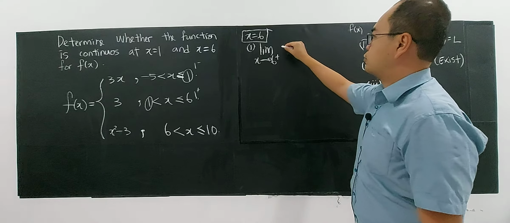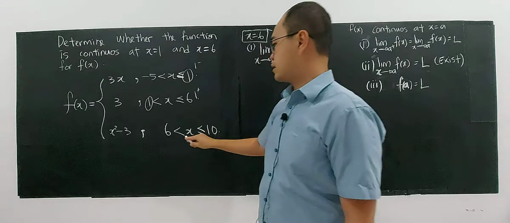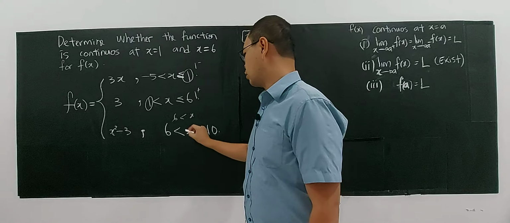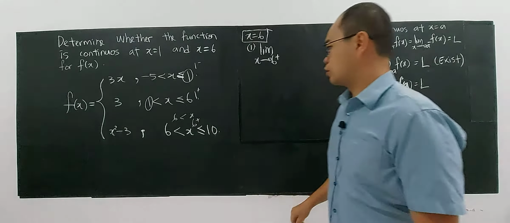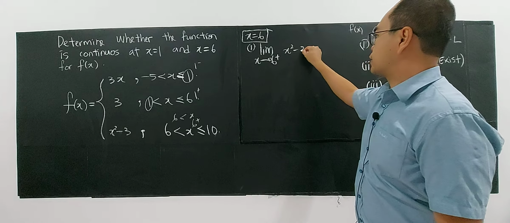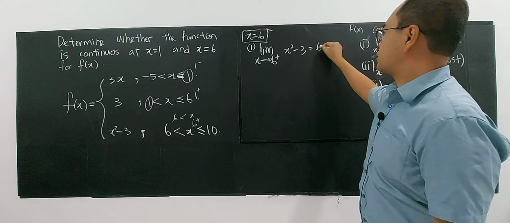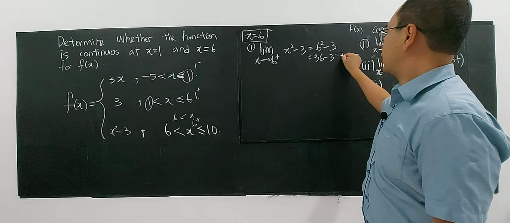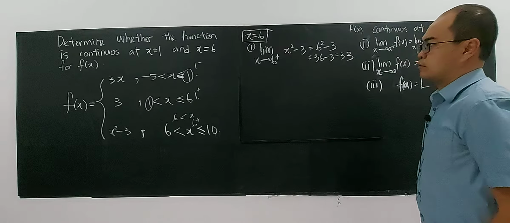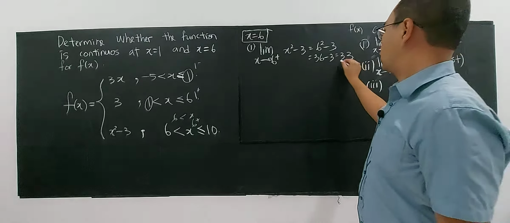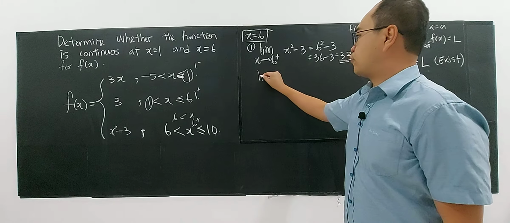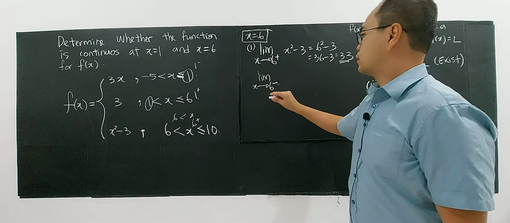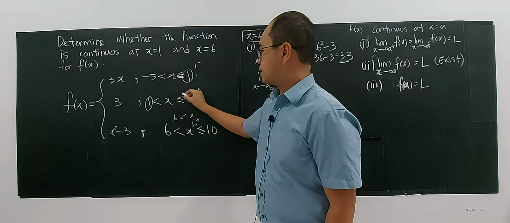For the right at 6, this is x greater than 6, so it is in this region, which is x squared minus 3. If you substitute, you have 6 squared minus 3, 36 minus 3, you have 33, right? So then let's look at the left hand limit of 6, so x less than 6, right?